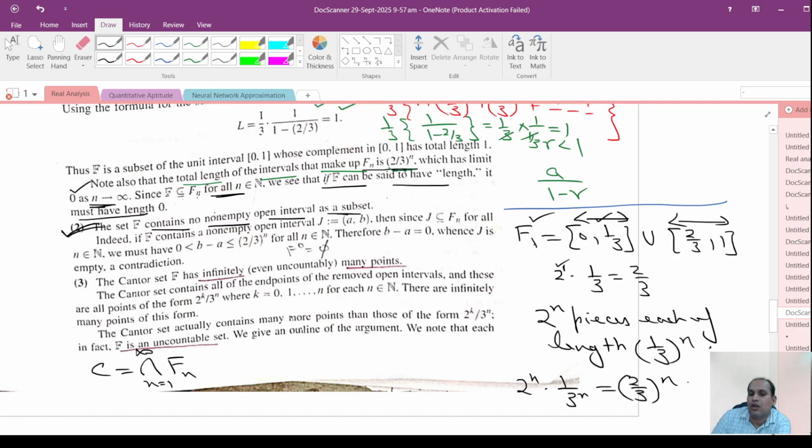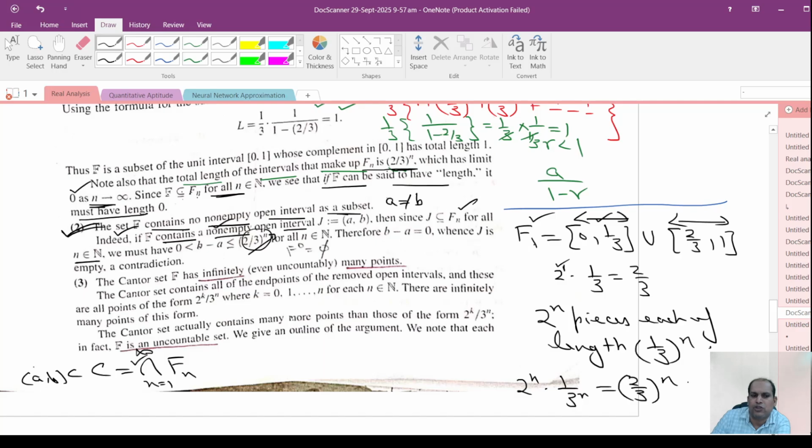If you recall the nested interval property, suppose it contains a non-empty open interval, say open interval AB, non-empty means A is not equal to B. Since the Cantor set is formed by the intersection of these Fn's, if such an interval AB is contained in the Cantor set, then it has to be in all Fn for all n in N, and its length is tending to 0.